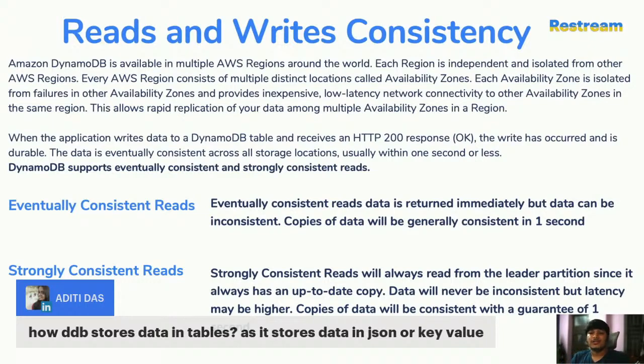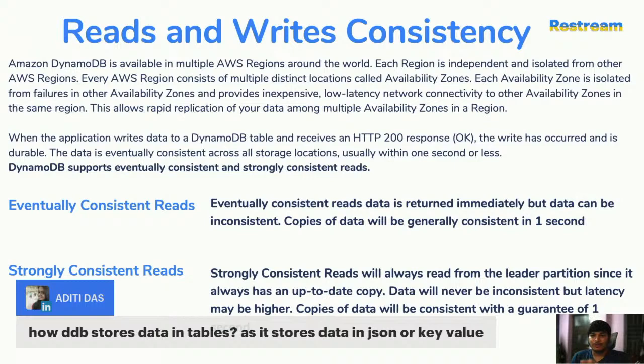So data is eventually consistent across all storage locations, usually within a second or less. There is some delay in the written or updated data being replicated. It takes only one or two seconds or less, but it still takes a few seconds. This is called eventual consistency.